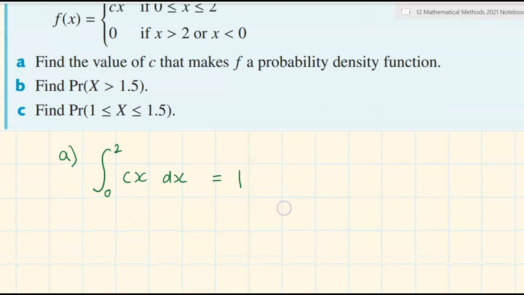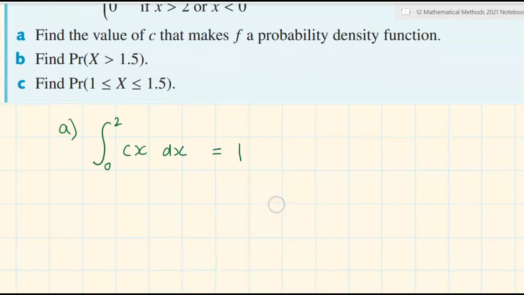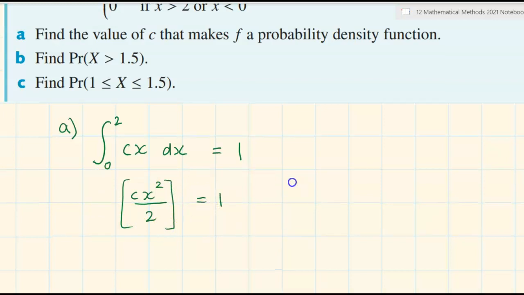Okay, so we now need to integrate that. You could pull the c out if you want. A linear function is pretty easy to integrate as is, so I think we'll just leave it there. So raise the power on the x and divide by 2, and then you multiply by that constant. I'm just going to remove my equal sign at the front there because we want it all to equal 1.